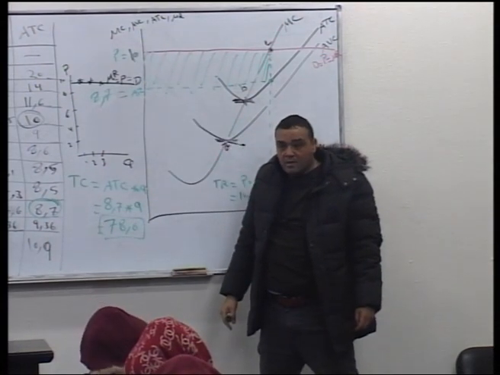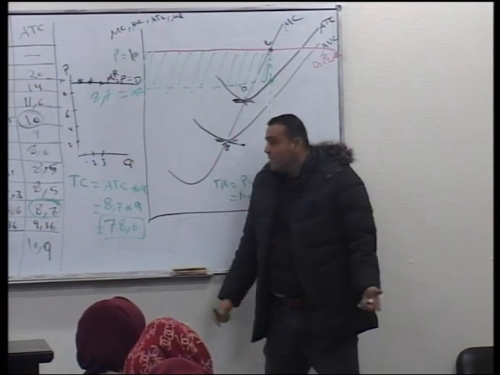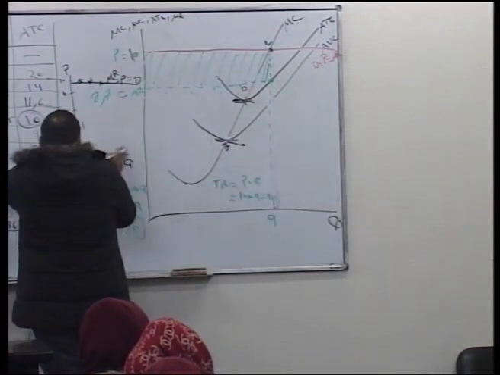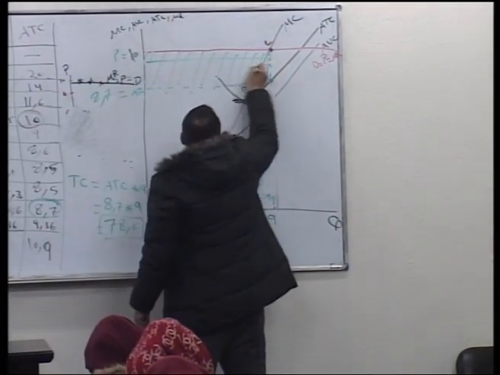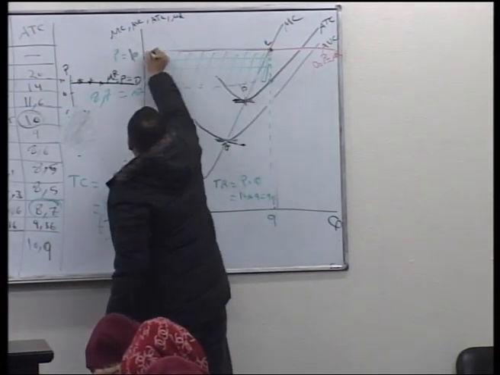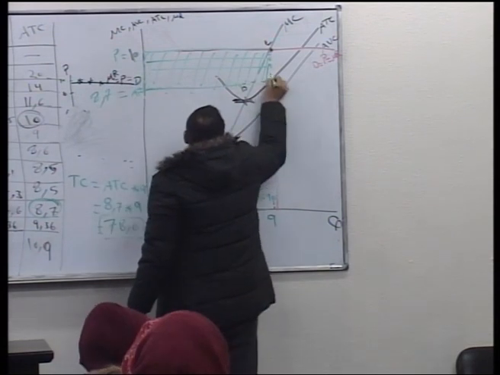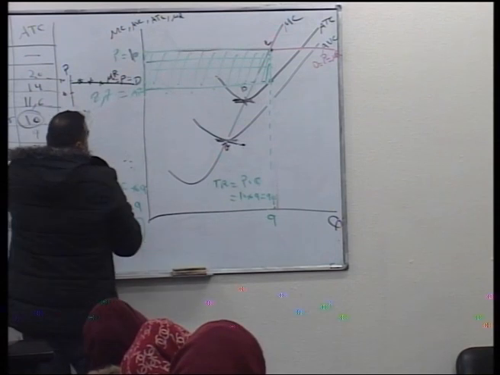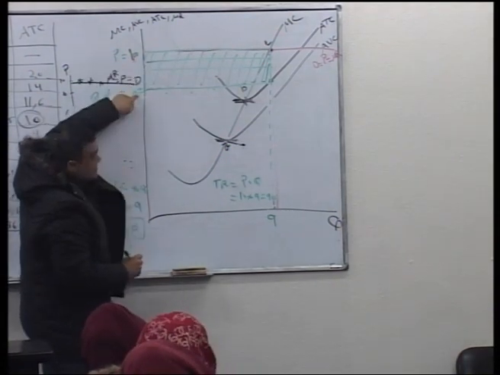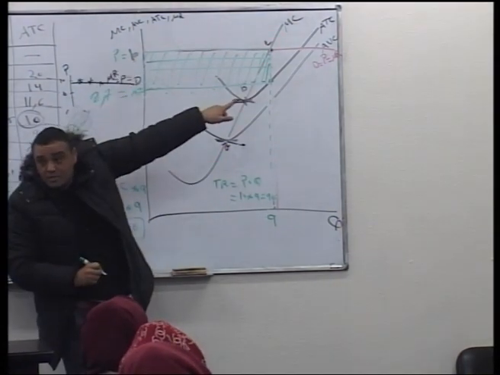Right? Is it right or wrong? This is total profit. TP is the total profit. Total profit equals price minus ATC times Q.